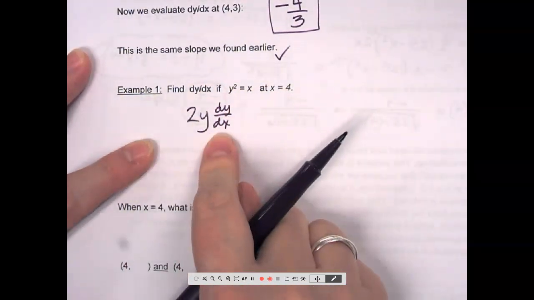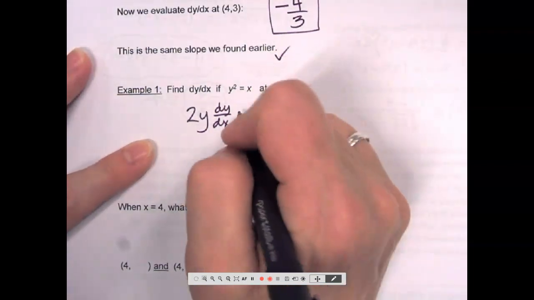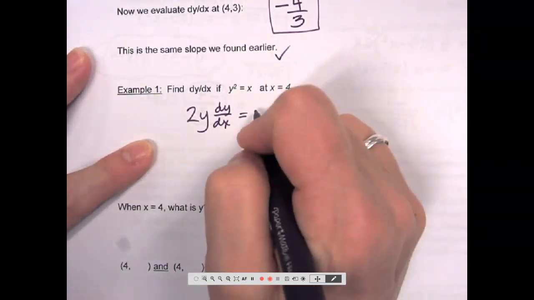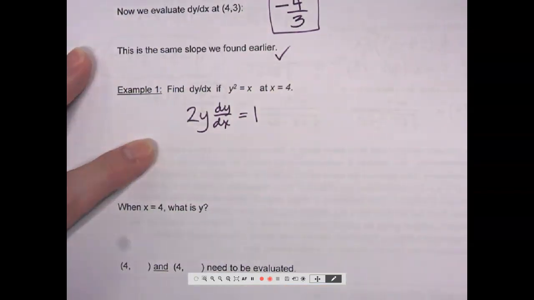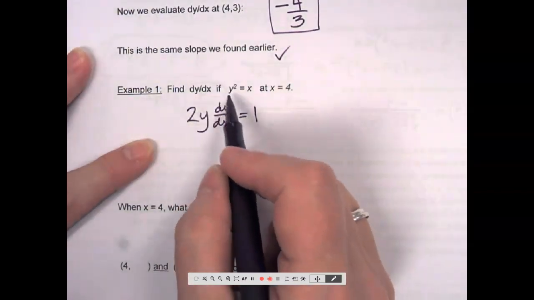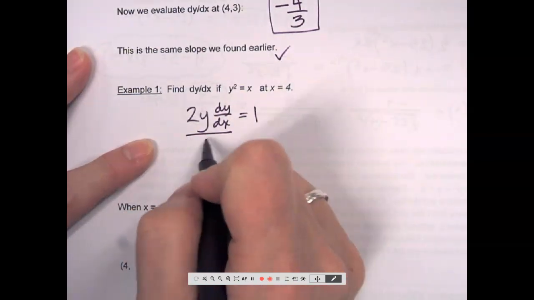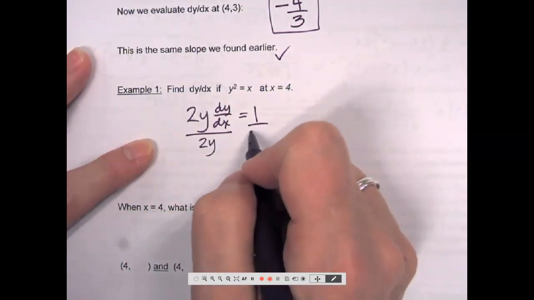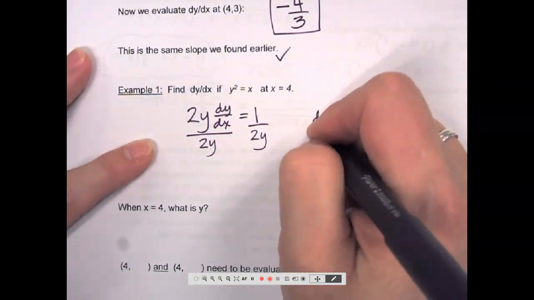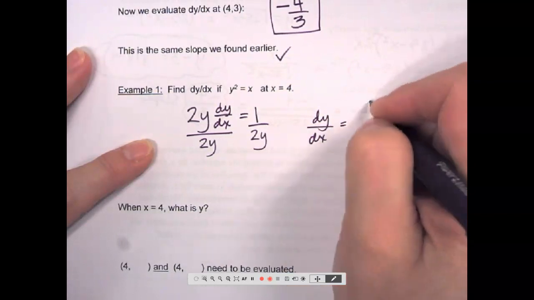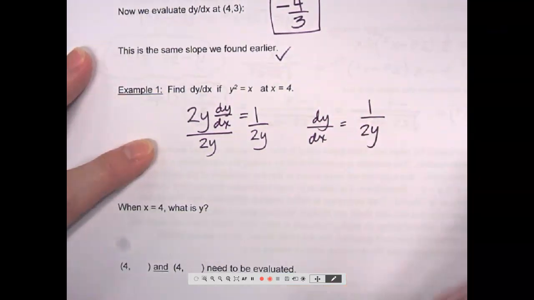That's really just the chain rule being used there. Equals 1. I know the derivative with respect to x there is 1. I'm going to isolate dy/dx. It's being multiplied by 2y, so I'm going to divide by 2y. And dy/dx equals 1 over 2y.